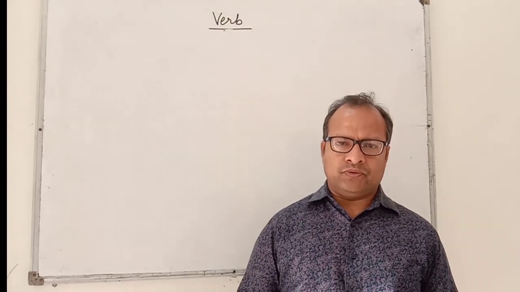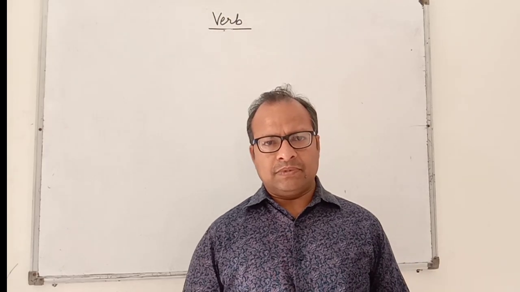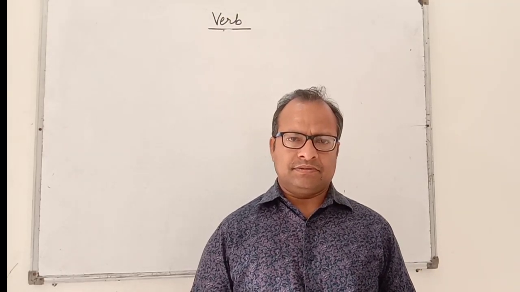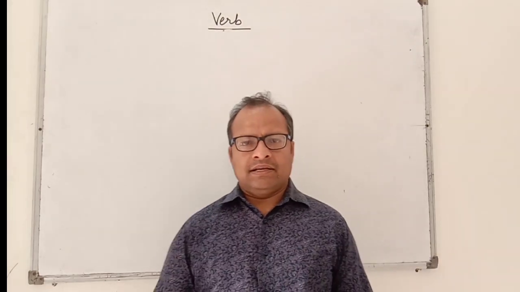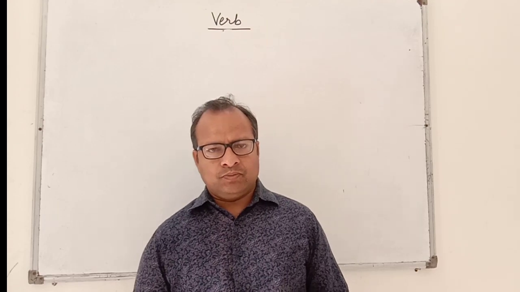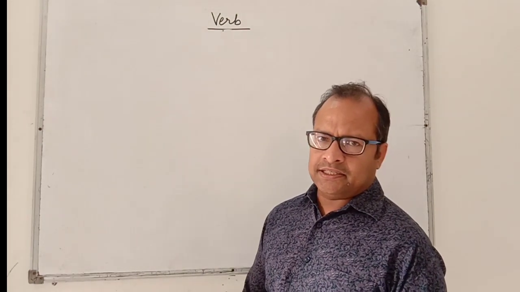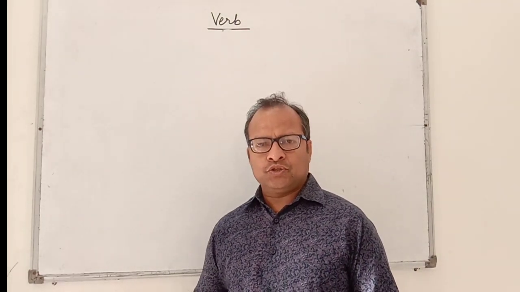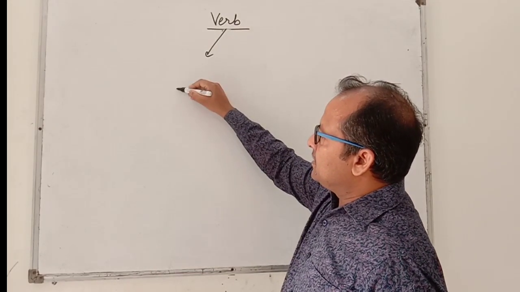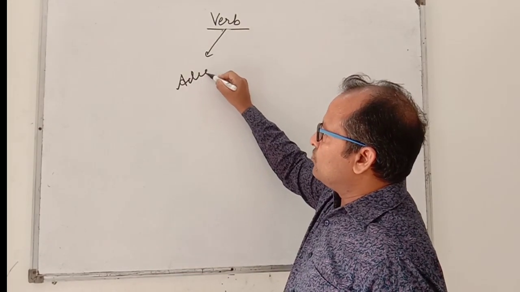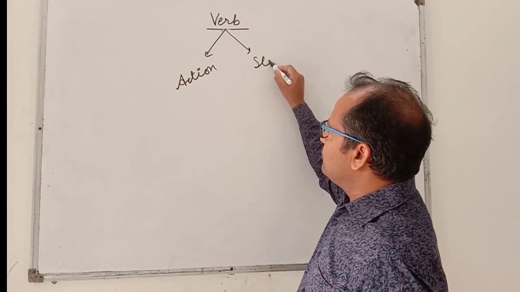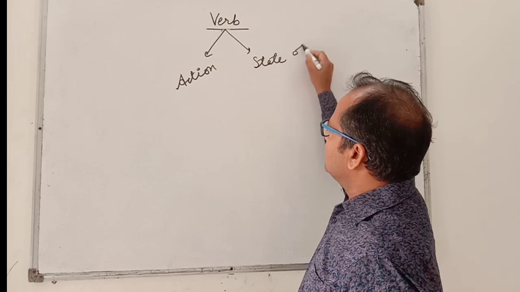Verb, as you all know, is a word which shows action and it also shows the state of being. So broadly, we can understand the topic of verb in two ways. The first element is action words and the other one is state of being.